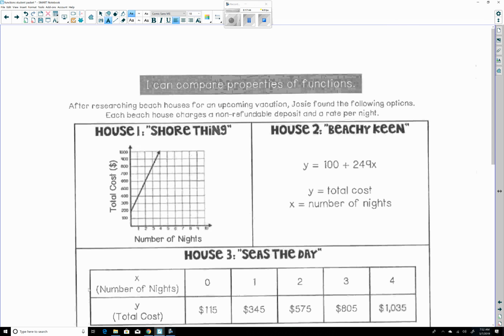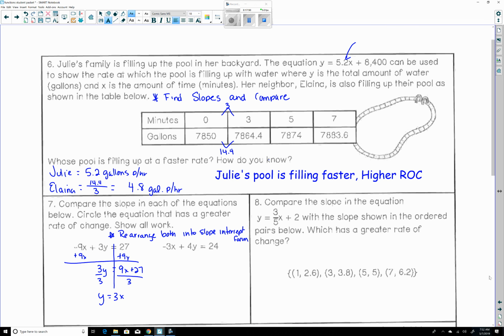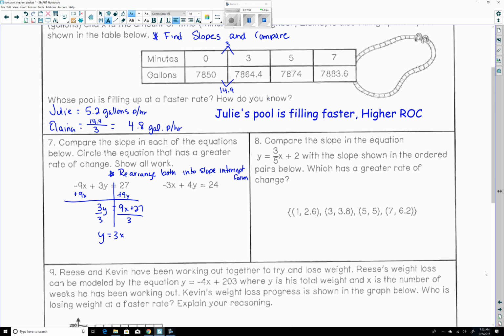Okay. I really like that that keeps happening, and I don't know how to not make it happen. So 3x plus 9. Okay. Would you please pause the video and rearrange the other equation, and then we can compare the slopes together.